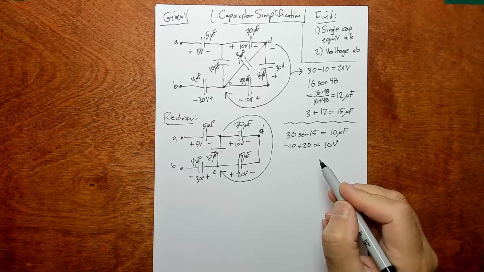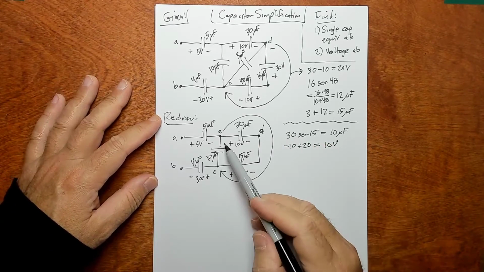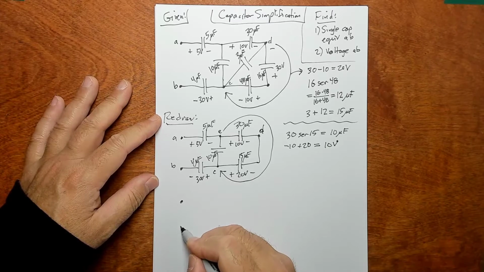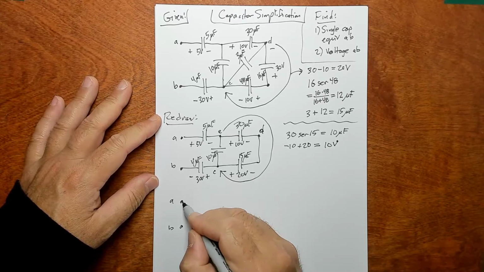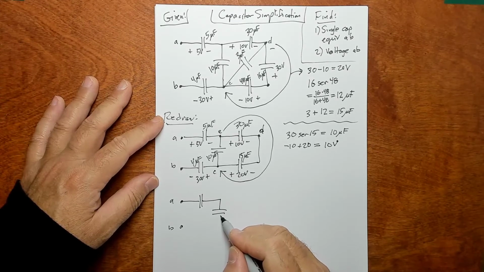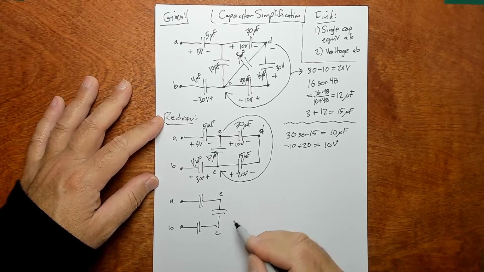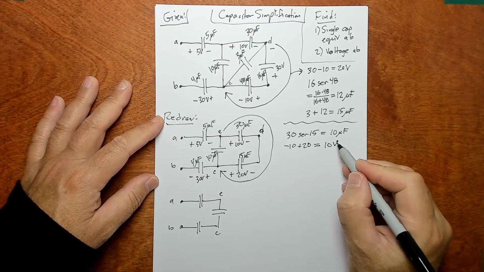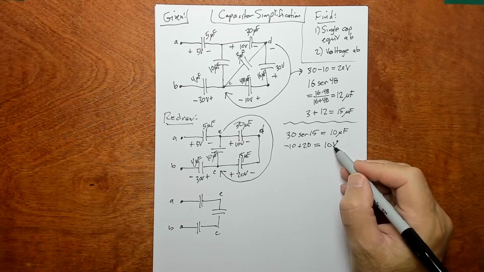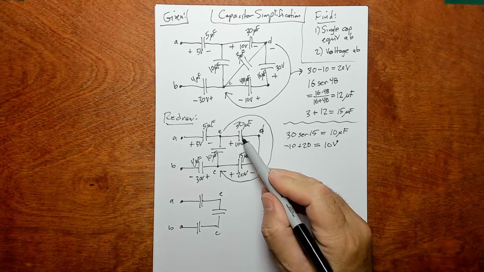Okay, so let's call this node E. So we simplified some stuff between E and C, and let's redraw that. Well, actually, not all the stuff. We just simplified these two.